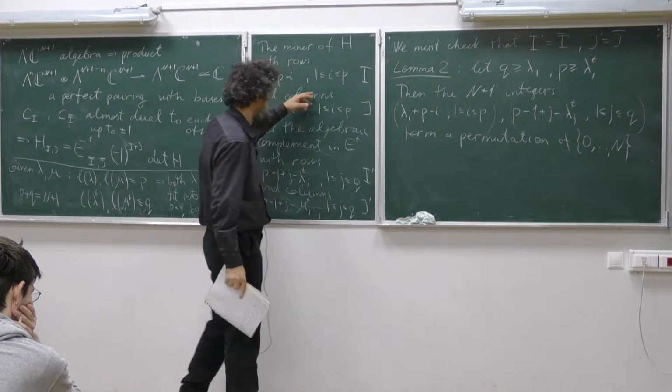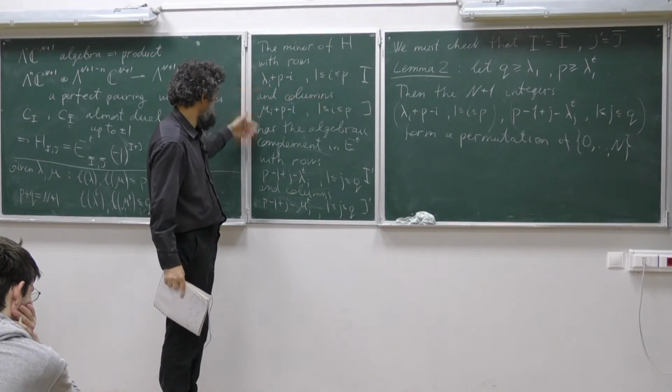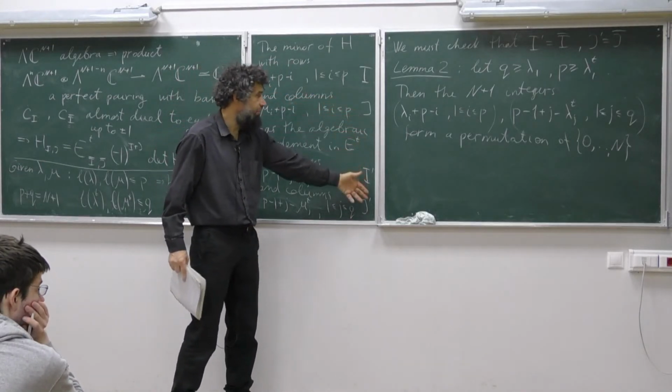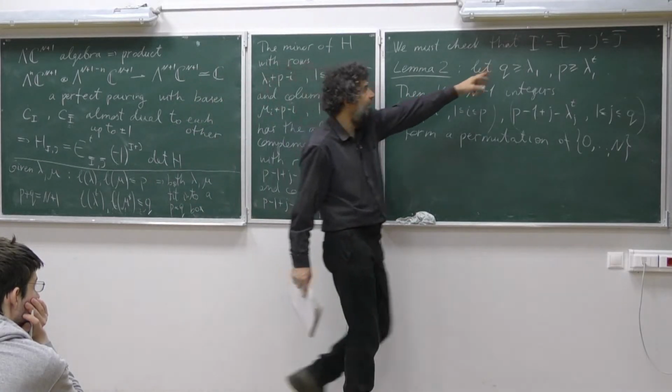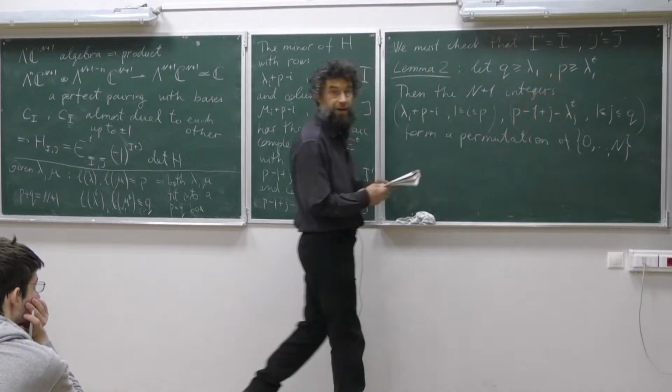This is for rows, and similarly for columns. So this proves that I prime is I bar.